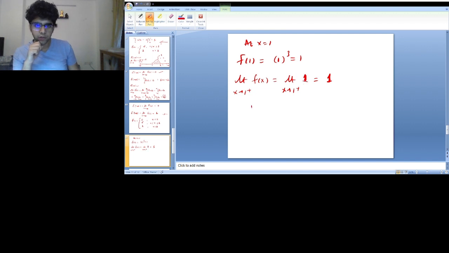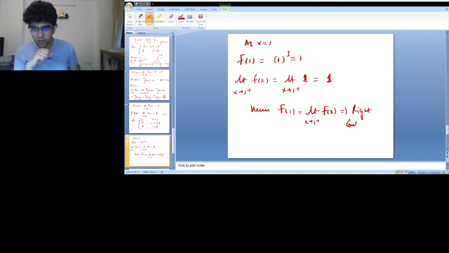Hence f of 1 is equal to limit x goes to 1 positive f of x, which implies right continuous at point x equal to 1.